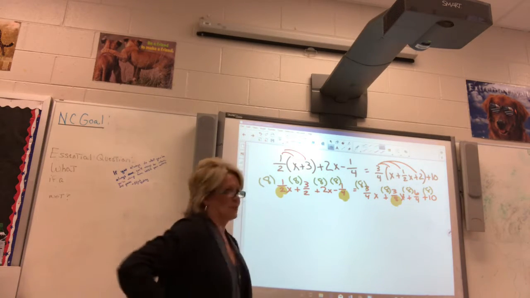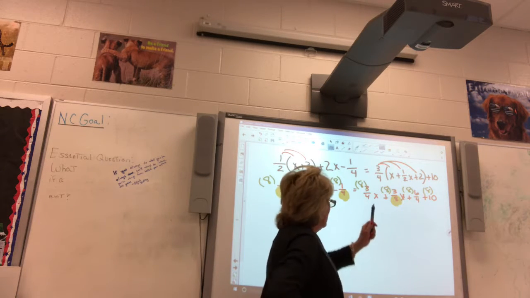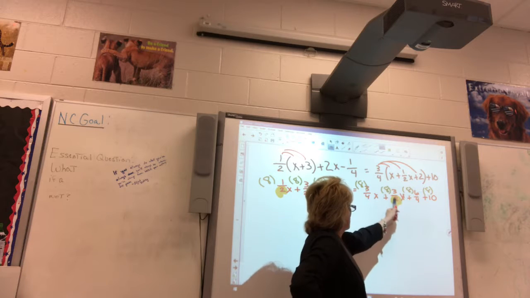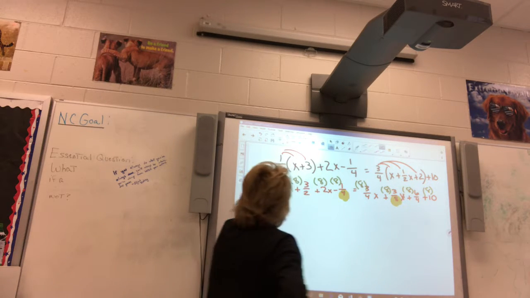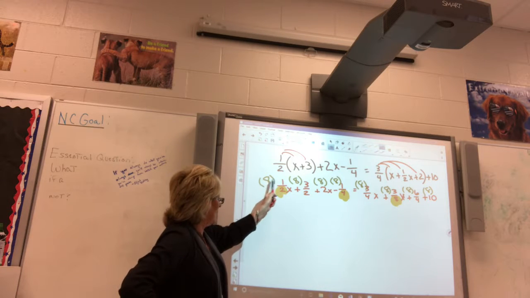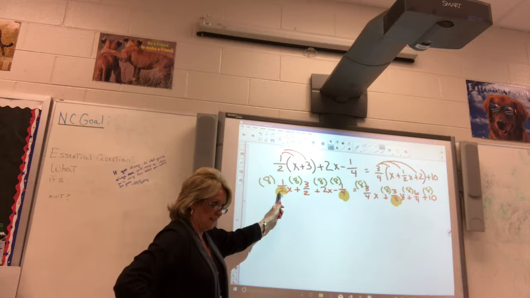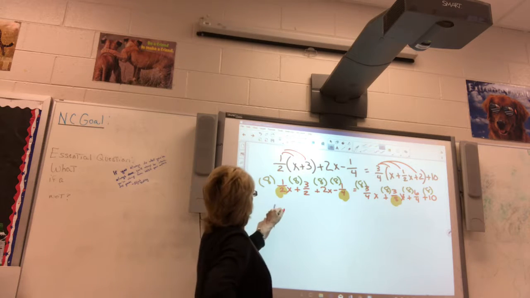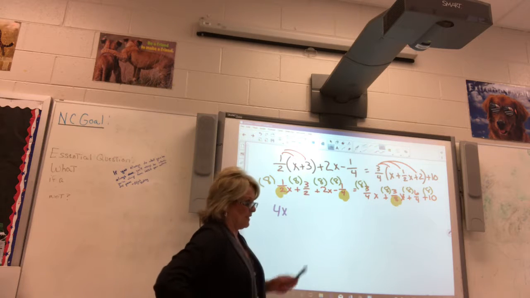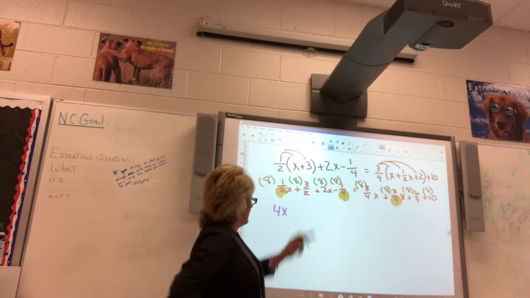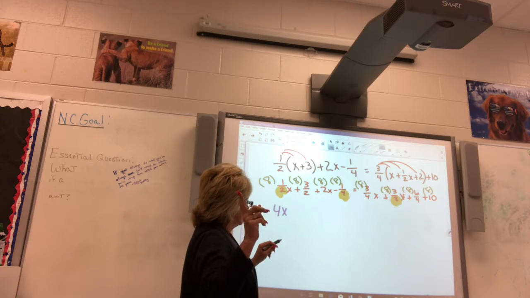All right, so let's see how this works. Now remember, don't talk. If that number is the same as your denominator, they just cancel out. But if they're not, they don't. So right here, 8 times 1 is 8, and 8 divided by 2 is 4, so that becomes 4x. That fraction's gone. 8 times 3 is 24, divided by 2 is 12.